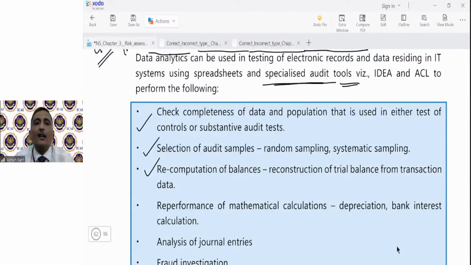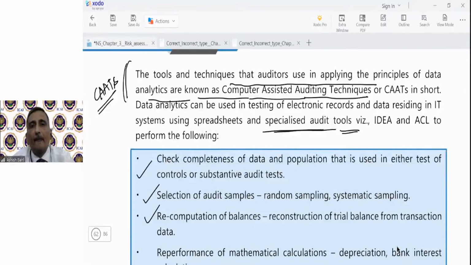Okay, so all kinds of these things can be done using data analytics.